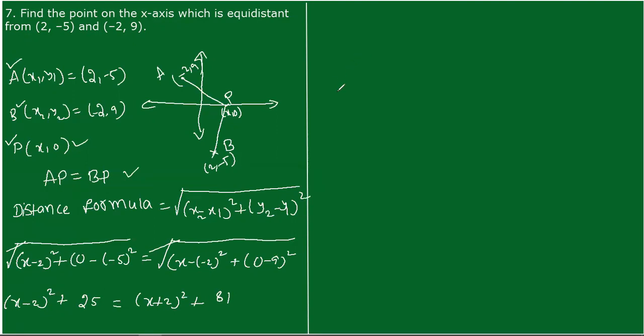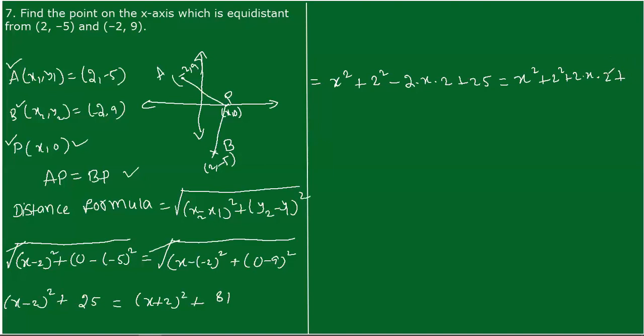If I expand it, I can write (x minus 2) whole square as x square plus 2 square, it is 4, minus 2 into x into 2, plus 25, is equal to, by the (a plus b) whole square formula, x square plus 2 square plus 2 into x into 2 plus 81.